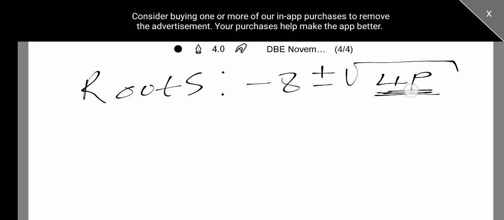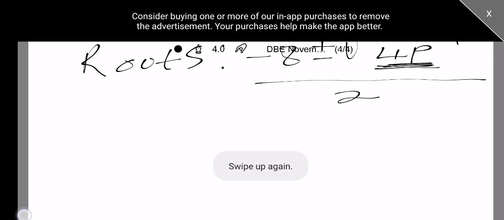This is what we've just found from the previous question. These are our roots. For negative roots, remember the question had two instructions. For negative roots, the whole of this, excluding the 2 because this is a fraction, must be less than 0 for the roots to be negative.